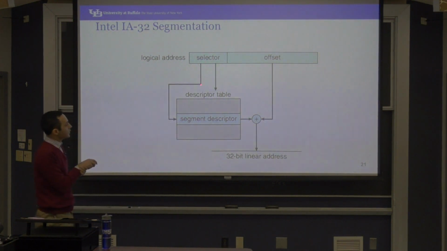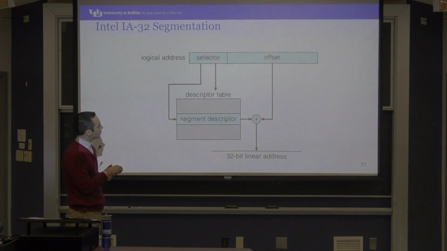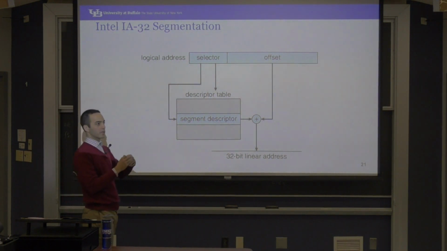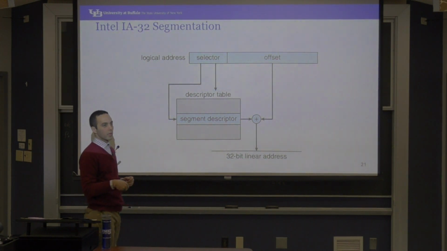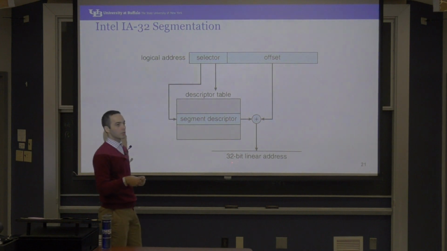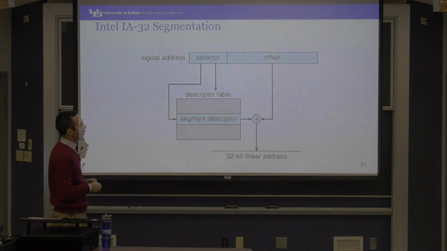The selector goes into the segment table, the segmentation unit, sorry. There is a segment descriptor that tells what the linear address is. You add the offset, you get the 32-bit linear address. This is still within the user address space. Okay.